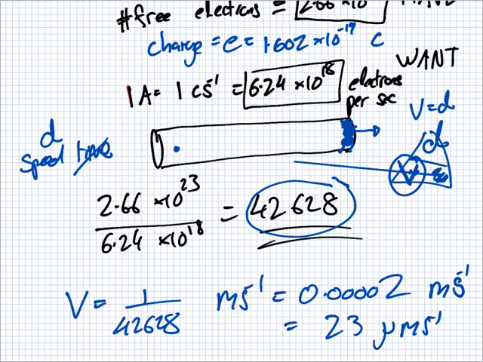But they're not. It's 23 micrometers per second. It's very difficult to believe. You kind of picture the electron makes it to the end in like 1 second. But really, these electrons are only moving at 23 micrometers per second. So if you were to look at them, it wouldn't even look like they're moving.